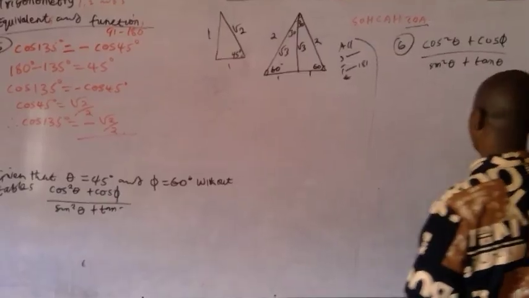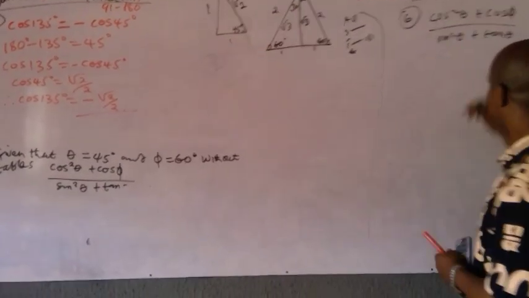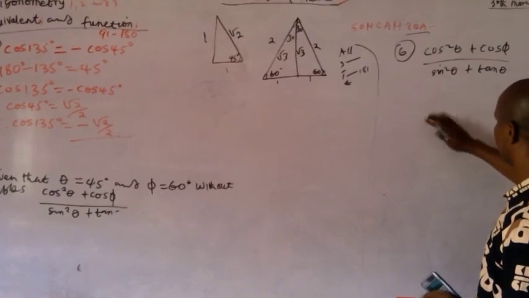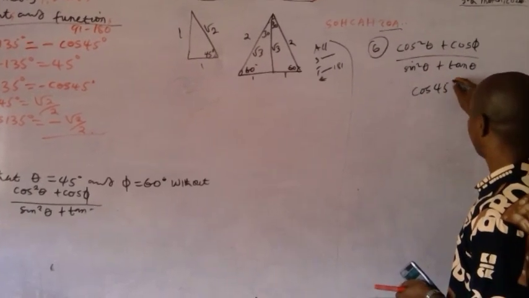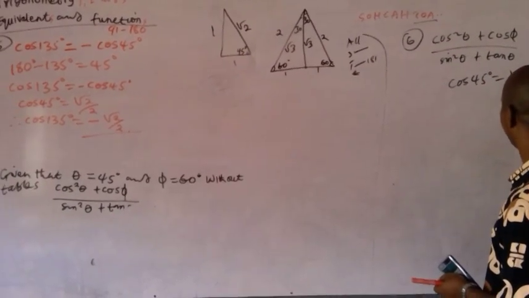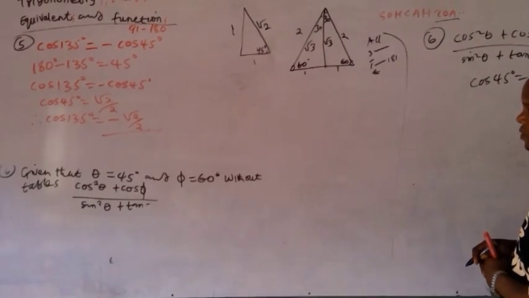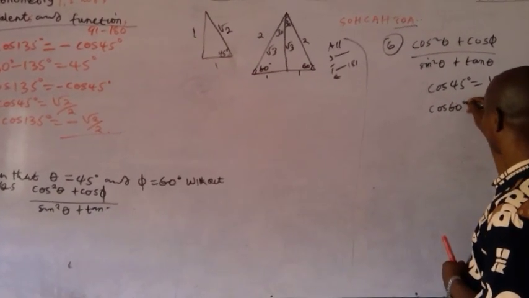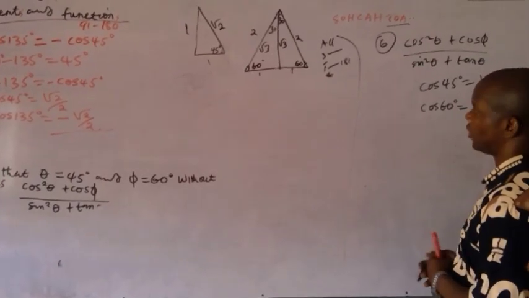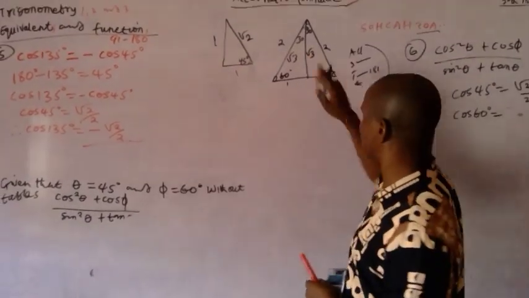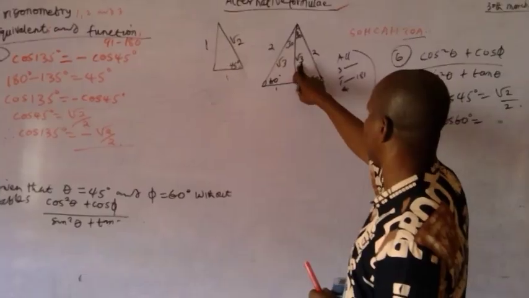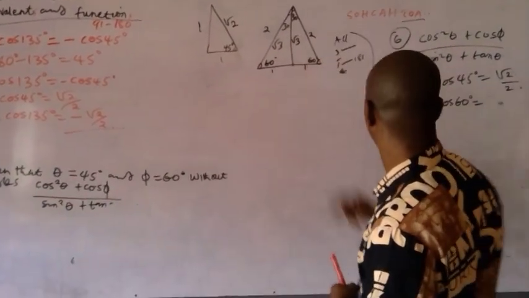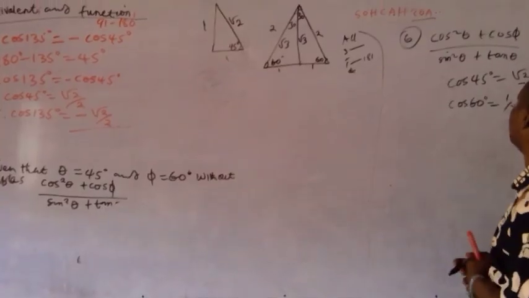Now, if we recall from what we just did there, cos 45 degrees is root 2 all over 2. And then if you have cos 60 degrees, come back to our diagram. Opposite, adjacent, this is the opposite now. So this is 1 over root 2. So here will be 1 over root 2.